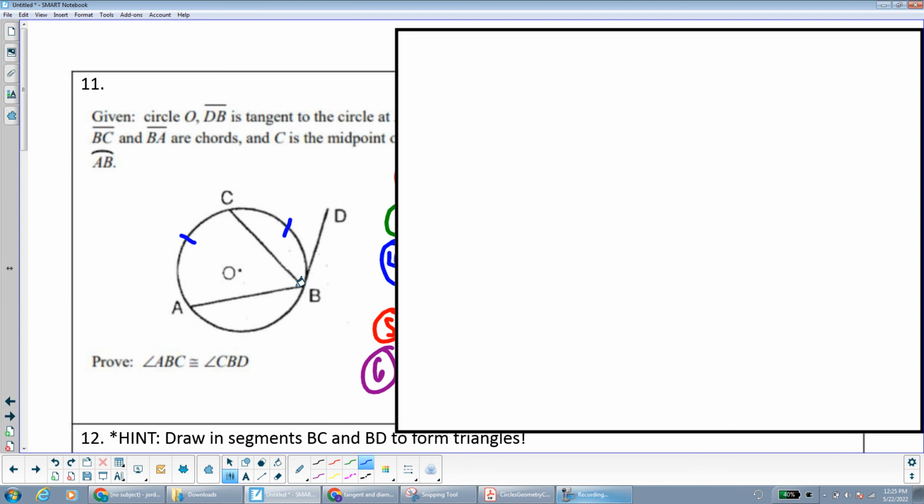And we know that inscribed angles are half the measure of their intercepted arcs. So since both of these angles are half of their arcs and their arcs are the same, then they should be the same as each other as well. Let me show you that written up in a proof.